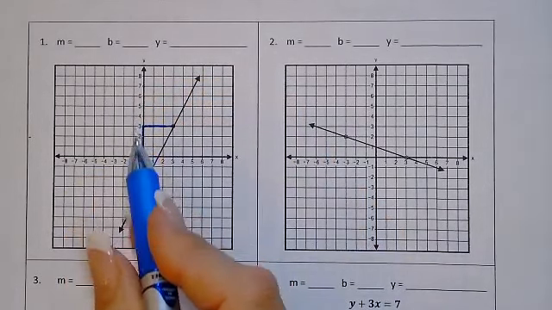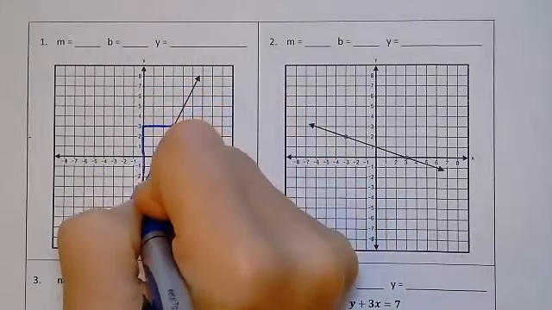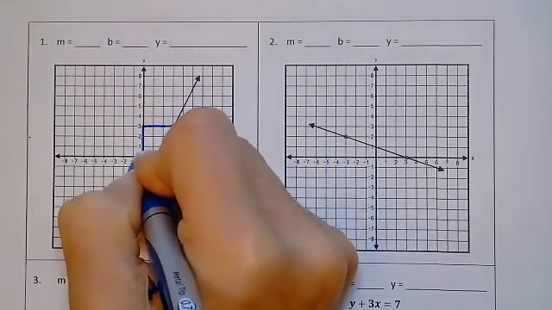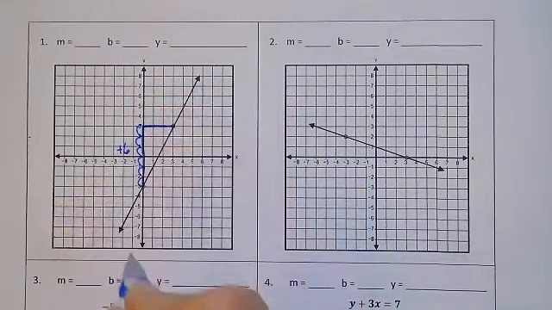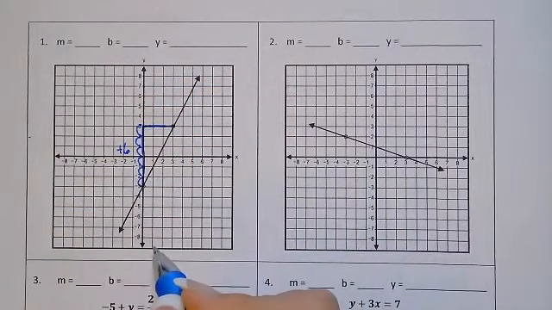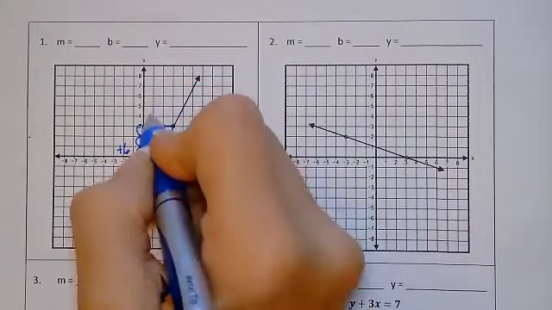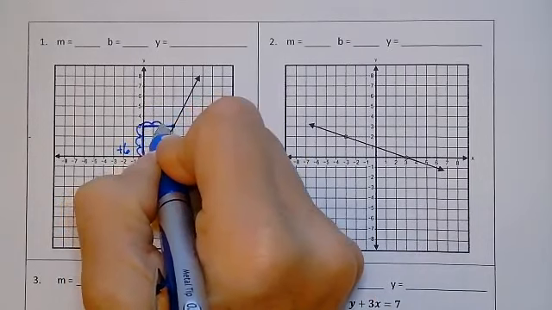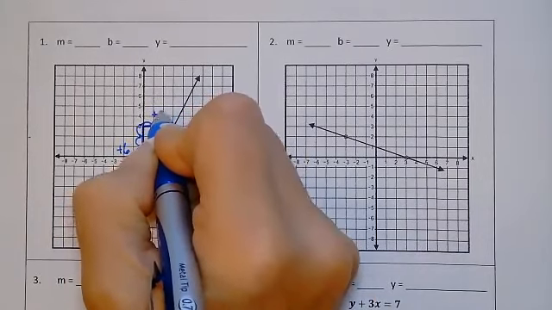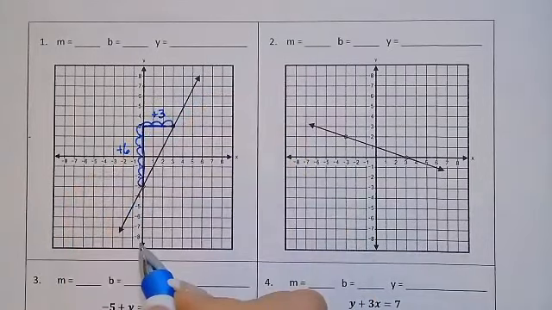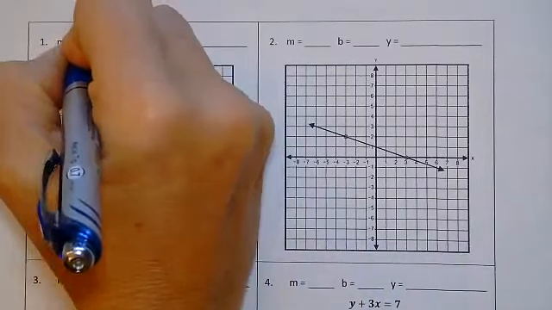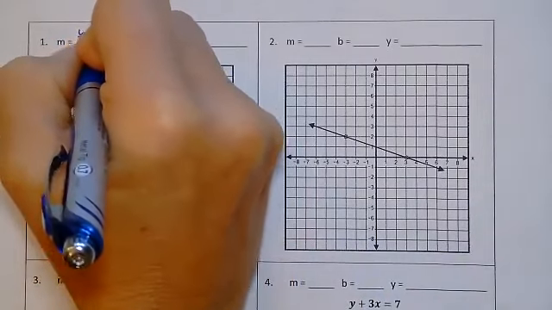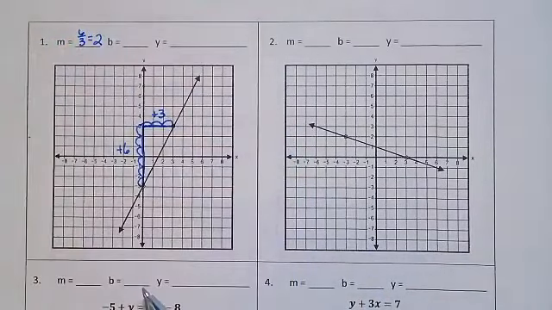So from here to here would be my rise. 1, 2, 3, 4, 5, 6. So I went upward, so it would be a positive 6. And now I'm going to do my run. 1, 2, 3, positive 3. So rise over run is 6 over 3, which equals 2.